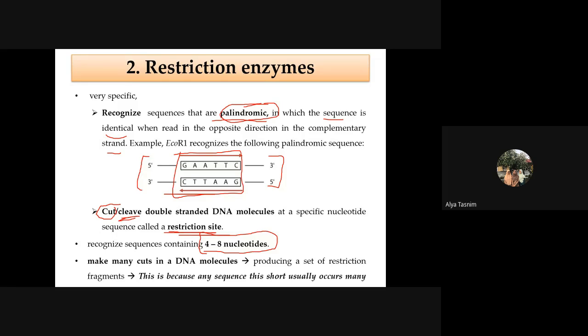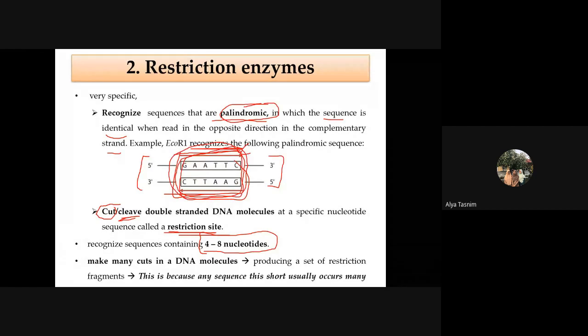So it makes many cuts in the DNA molecule, producing a set of restriction fragments. This is because any sequence this short usually occurs many times by chance along a DNA molecule. We are eukaryotes, for example. Our DNA is really large, so the chance of the restriction enzyme encountering this sequence many times is high.